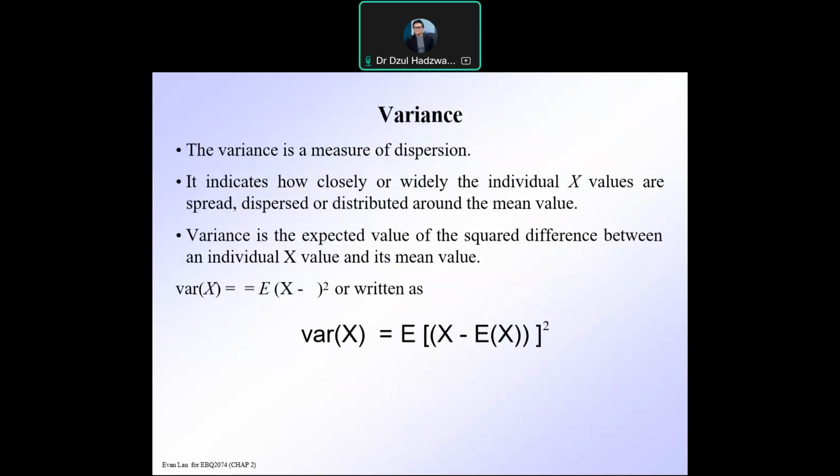Example, if too many observations are very far away from the mean value, meaning to say that it does not really represent the behavior of that population. This is what it means. Maybe now you are not very clear about variance and how to apply it when we have the information. We will discuss further when we do some application using real data.